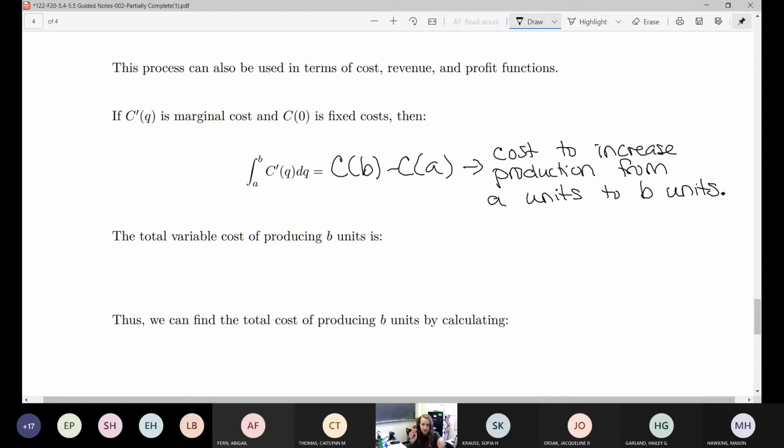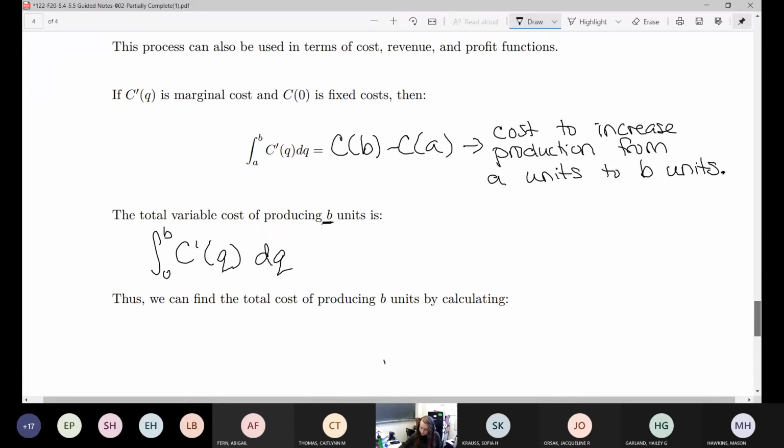So we've had a couple ways to think about variable costs, but now we're going to have a way to think about it in terms of these integrals as well. So the total variable cost of producing B units, so say you want the variable cost of producing 5 units or whatever, this is going to be the integral from 0 to B of your marginal cost. So if you want a variable cost and you know the marginal, you can find it using an integral.